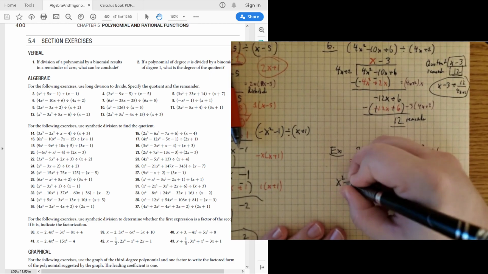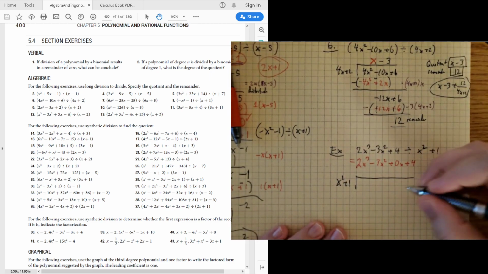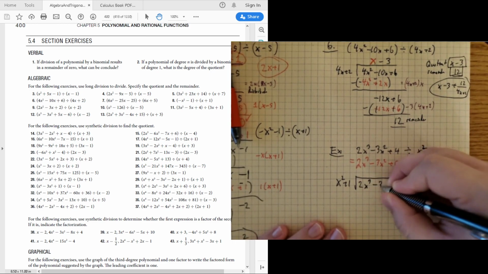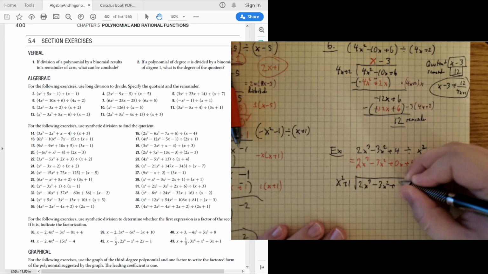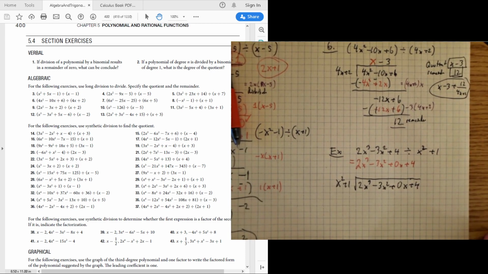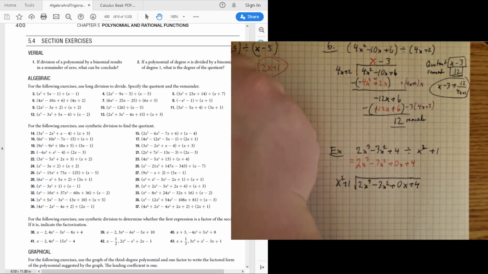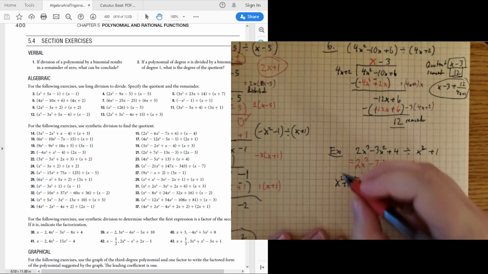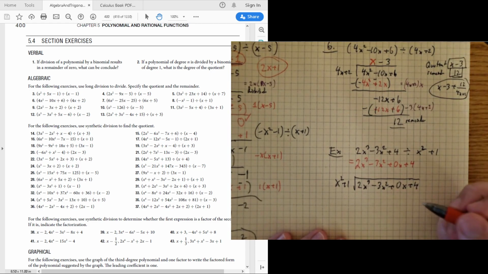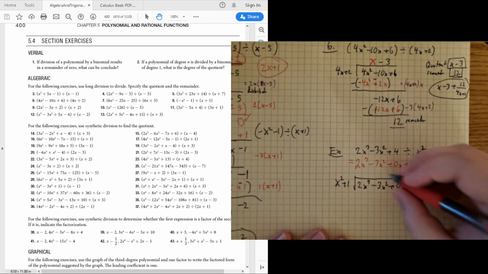Outside, x squared plus 1. Inside, 2x cubed minus 3x squared plus 0x plus 4. Okay. My goal, remember, is to make my first term match the first thing on the inside. So I can do it in two pieces, the coefficients.